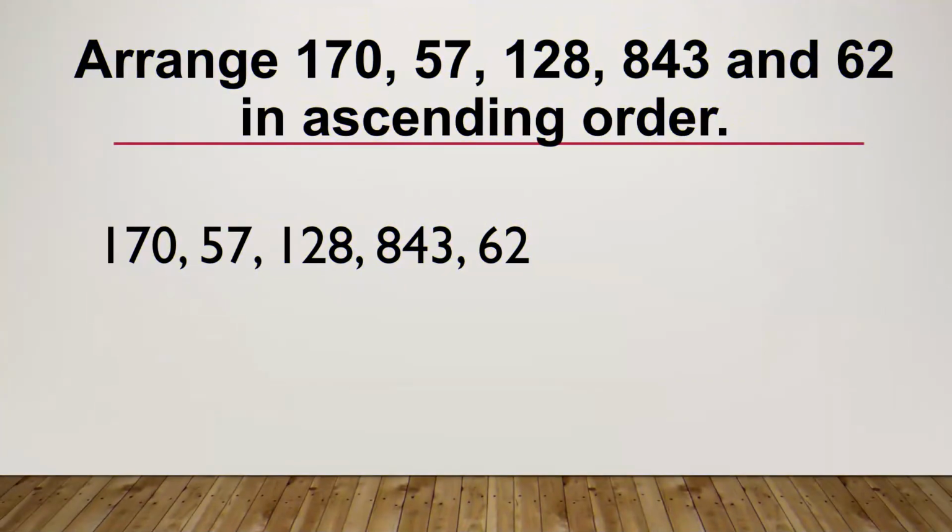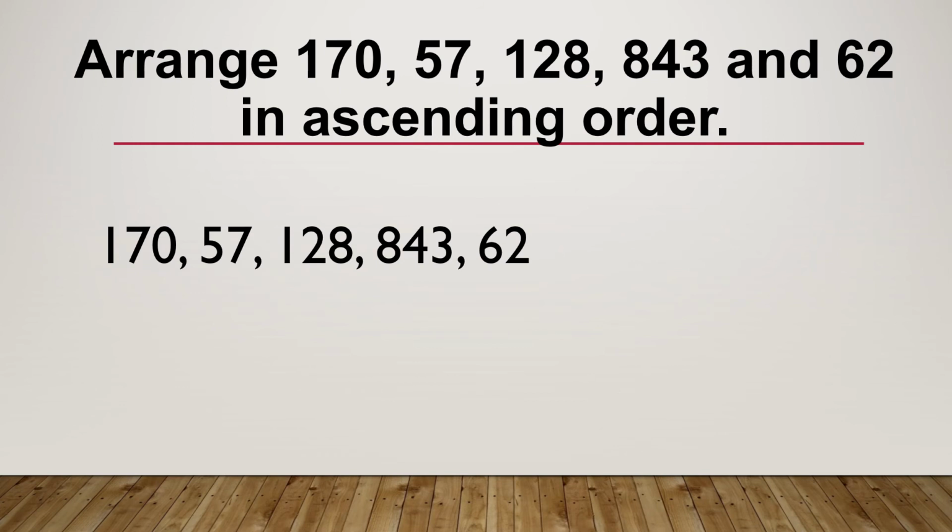Let us take one example. Arrange 170, 57, 128, 843 and 62 in ascending order. Ascending order means arranging the numbers from smaller to greater number.